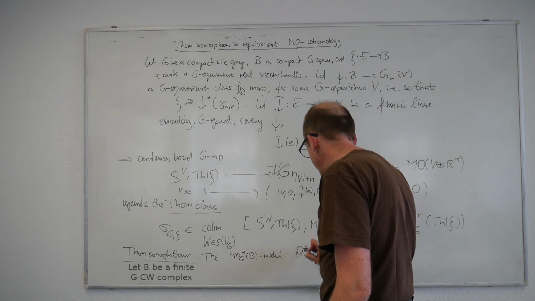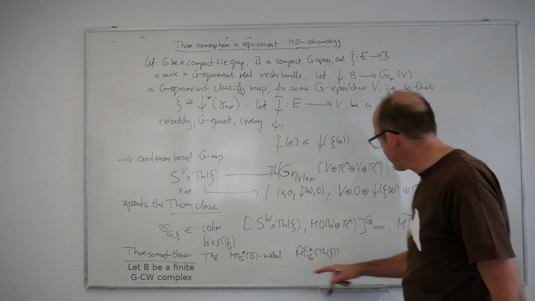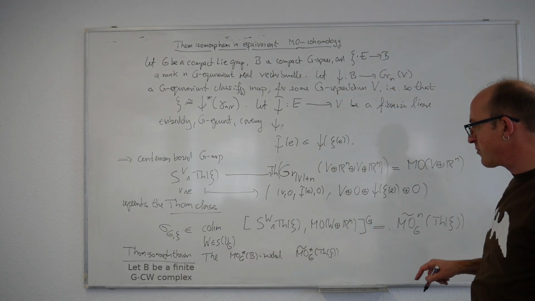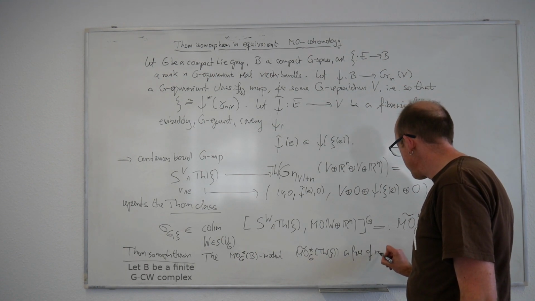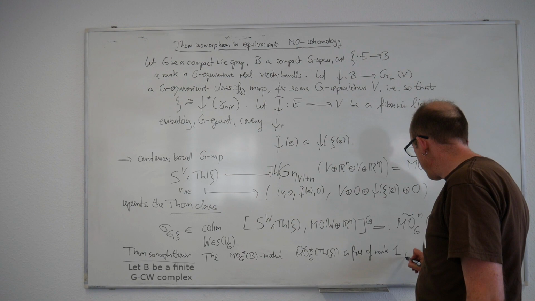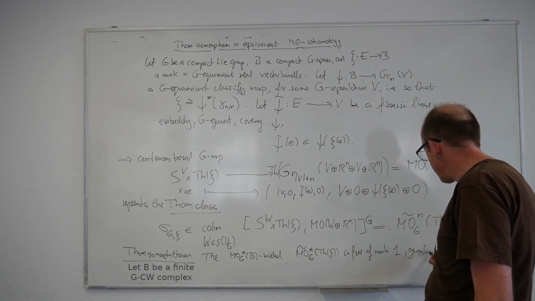So here I want the reduced theory, here I want an unreduced theory where the definition would be like this but with a disjoint base point added. It is free of rank 1, generated by the Thom class.